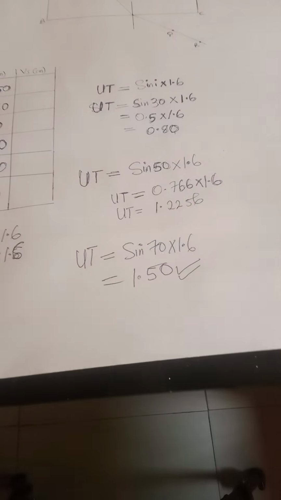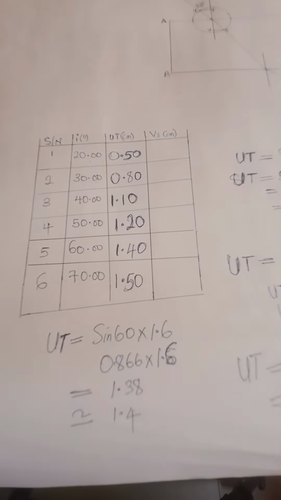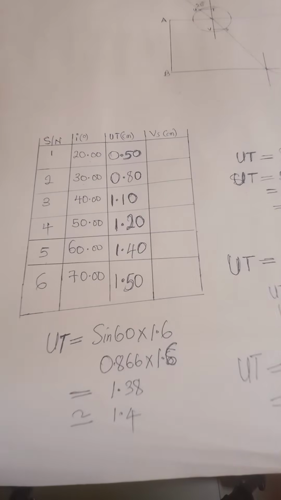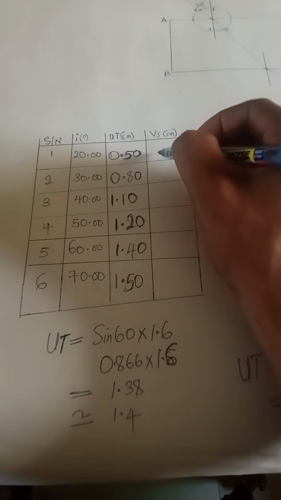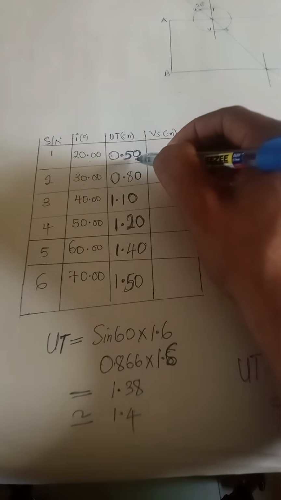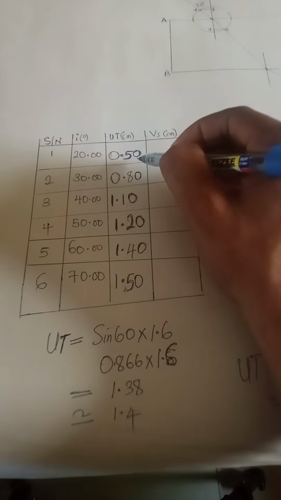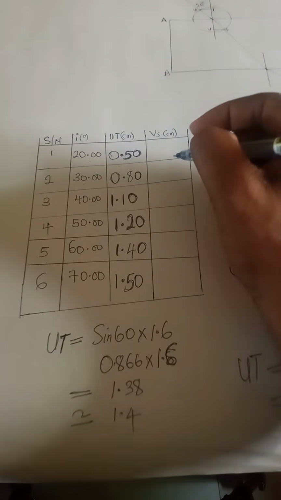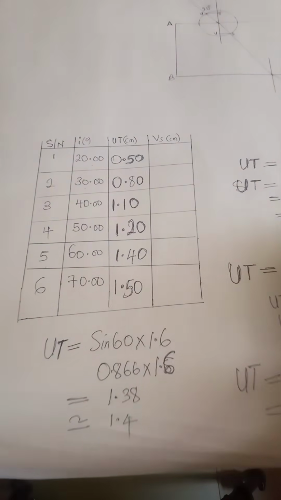Okay? So this is how we can get our ut. I've gotten the value of my ut. And then if I want to get the value of my Vx, my Vx will depend on this value.